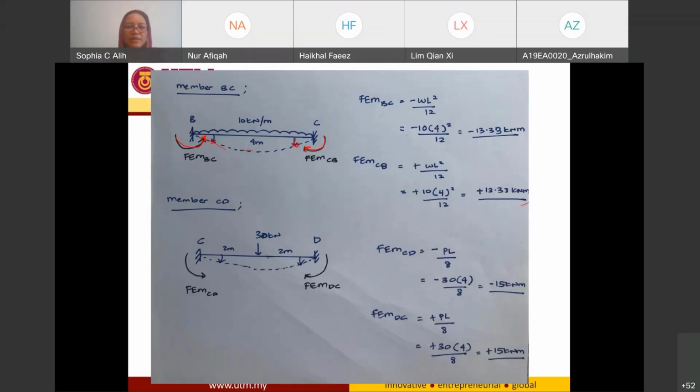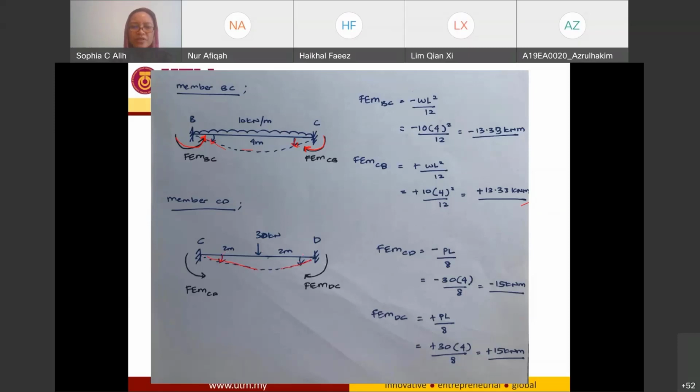And for member CD, you have a point load of 30 kilonewton at midspan of member CD, and due to this downward point load, the deflection of the beam, of course, is going to follow this direction.